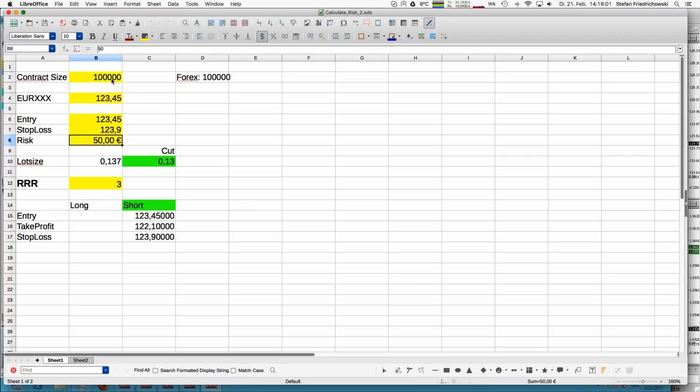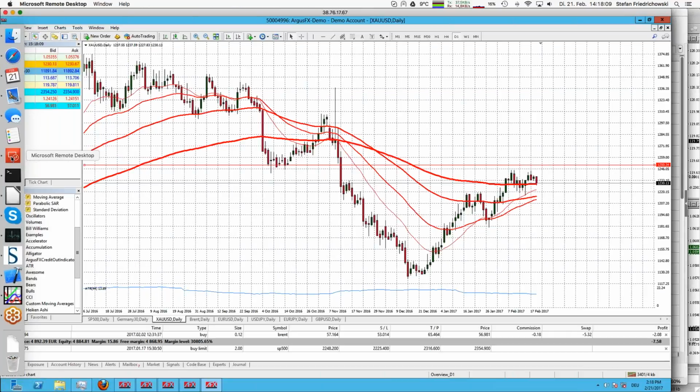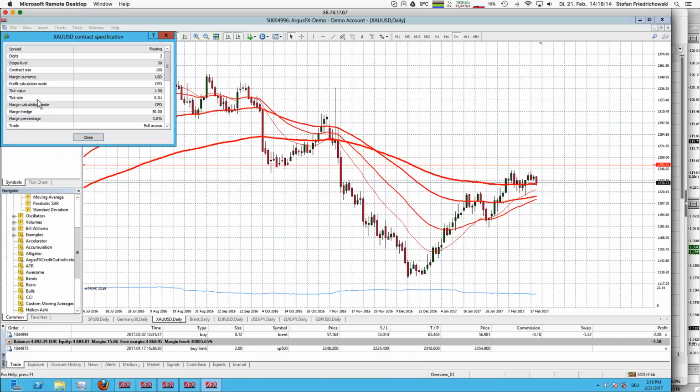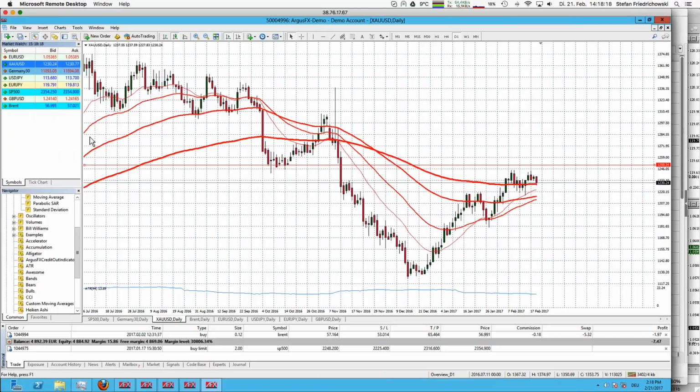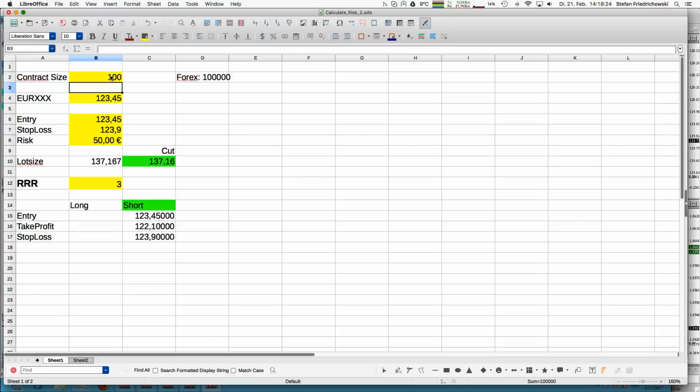So contract size here, in this case for trading gold, let's check by right-click here, specification. So contract size is 100. Okay. So we can go back here. Contract size is 100, and let me write it down here, XRUSD 100, so that we later have always a number.